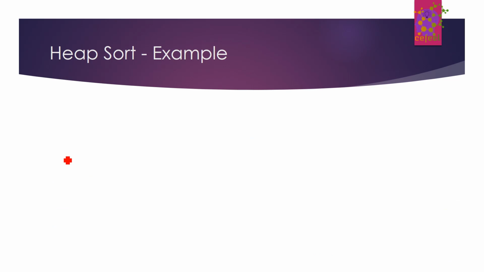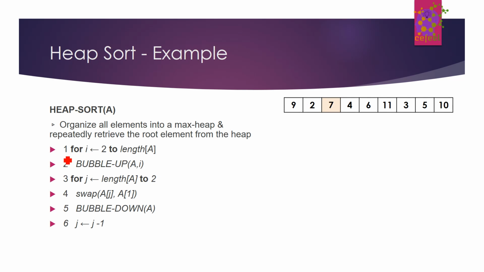Now similarly we go to I equals 4, which is 4, and we now have 3 elements in the heap. 4 will be inserted as the left child of 2, because that is the first space available in the third level. Now we need to bubble up 4.